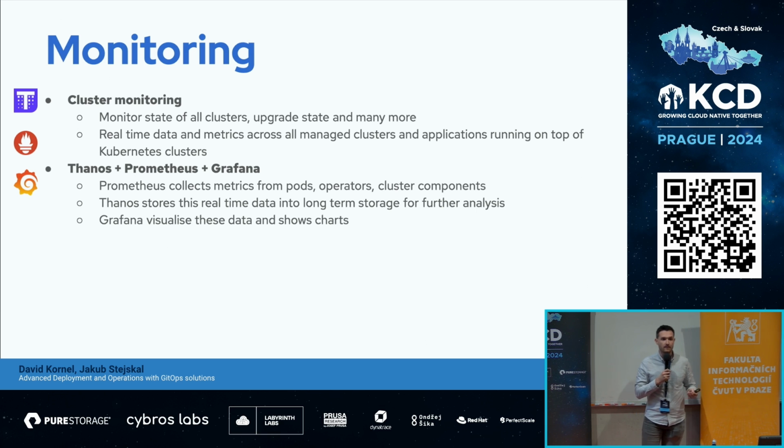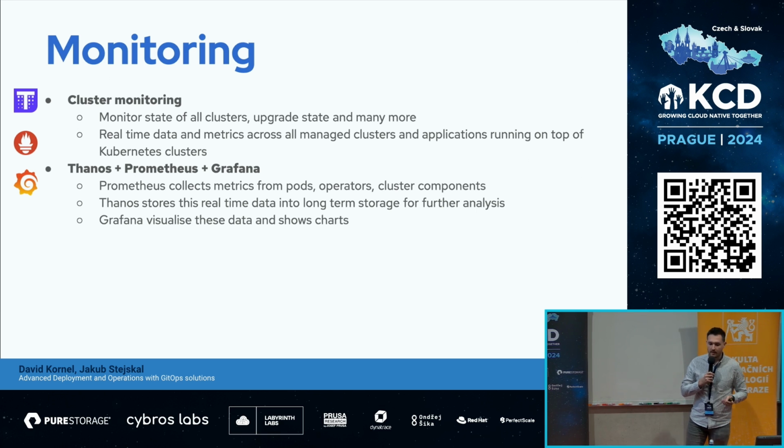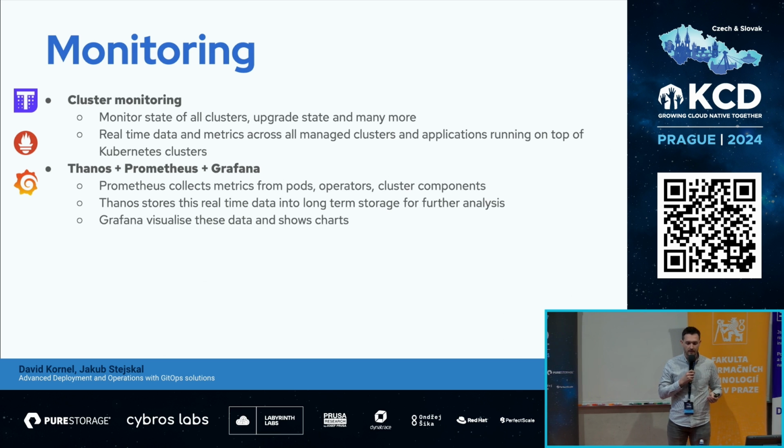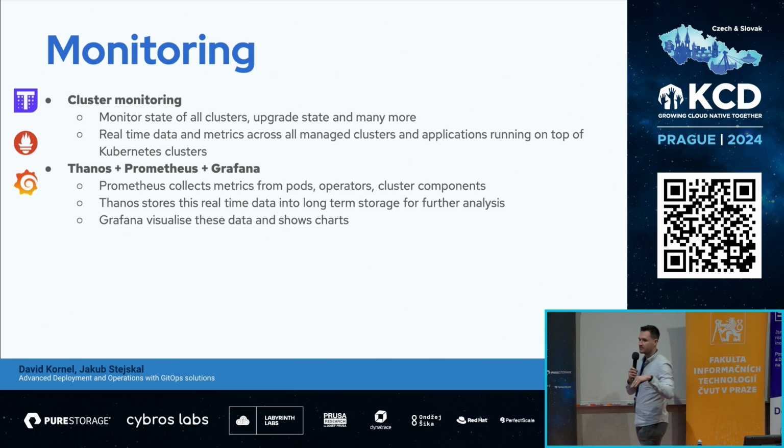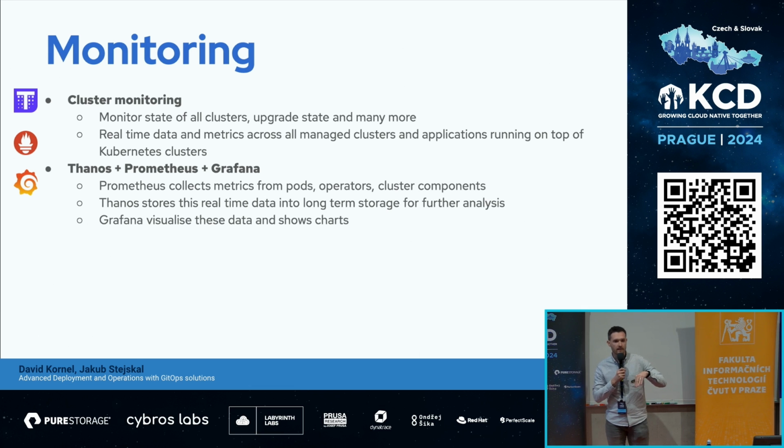To achieve that, we have a Thanos instance on an infrastructure cluster that is used as a central point for running ArgoCD, Tekton pipelines, Thanos, logging, and some other stuff.